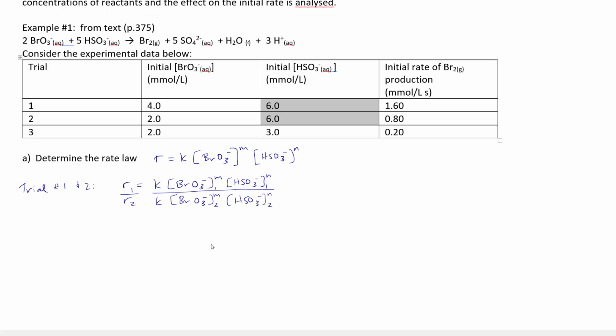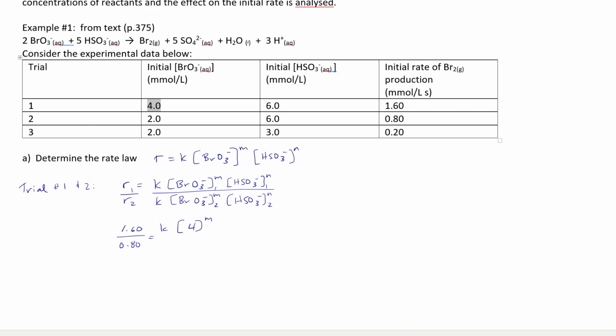I'll insert some values here. The rate of the reaction in trial 1 is 1.60. The rate in trial 2 is 0.80. I do not have the K value. The concentration of bromate in trial 1 is 4 raised to the exponent m.